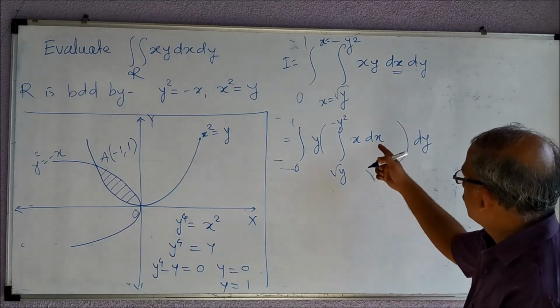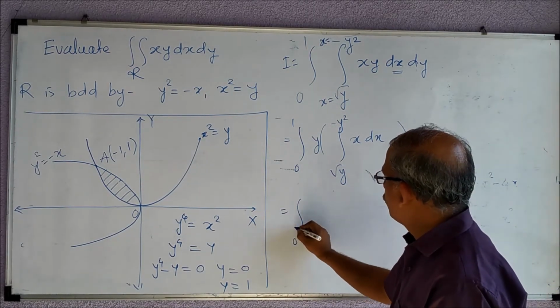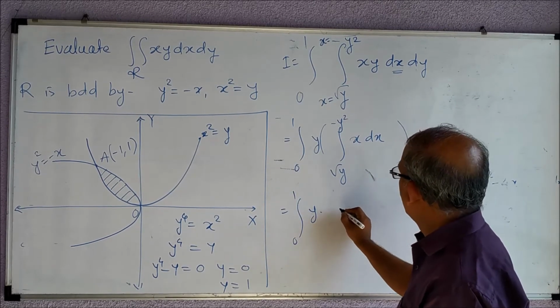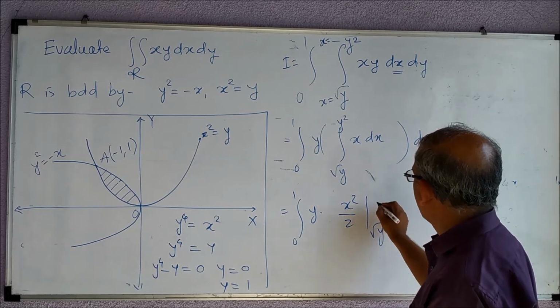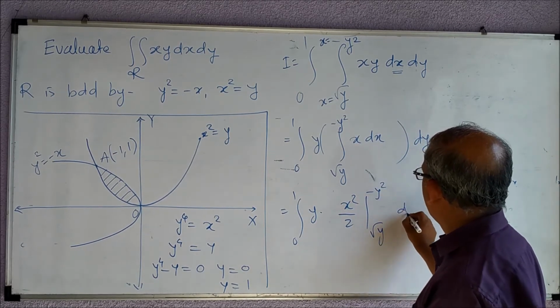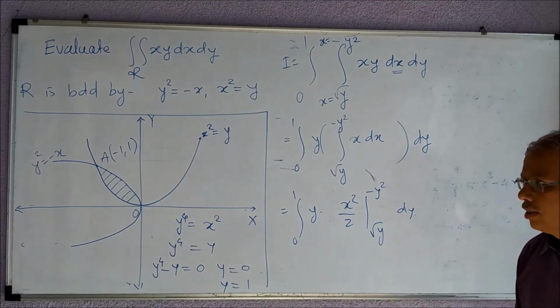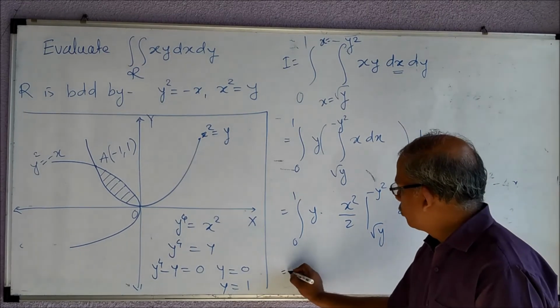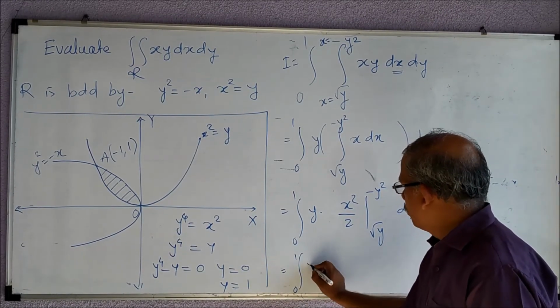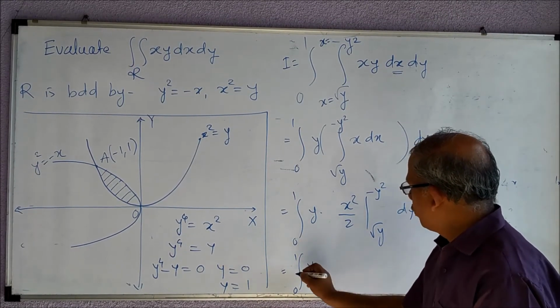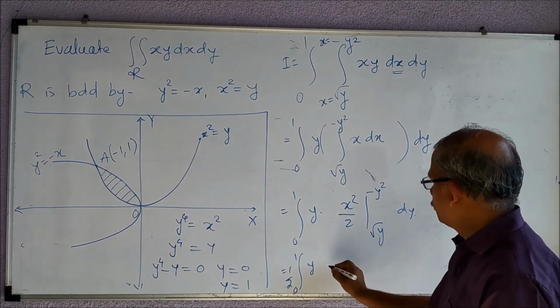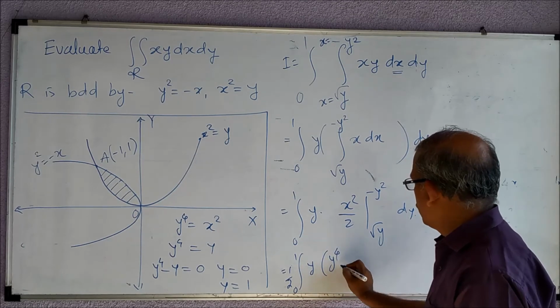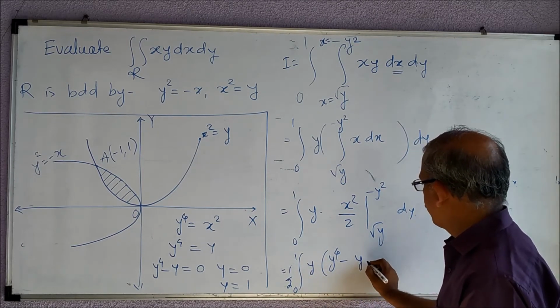Okay, and this is a simple integration, so this is integral 0 to 1 of y into x square by 2 from root y to minus y square, dy. Okay, and therefore it is equal to integral 0 to 1, this 1 by 2 I will take outside, and this will be y raised to 4 minus y, dy.